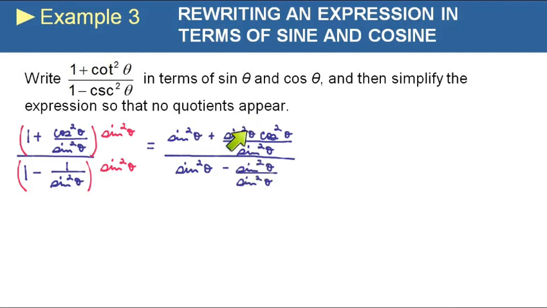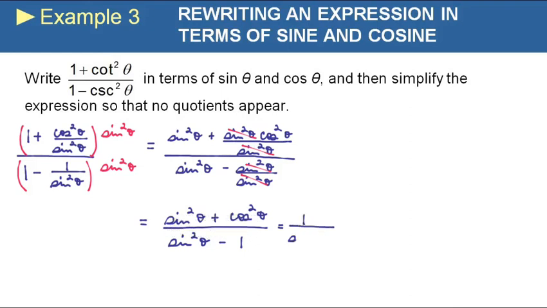Now we can simplify the sine squareds here, and also there in the bottom, and we end up with sine squared theta plus cosine squared theta over sine squared theta minus 1. And notice that sine squared plus cosine squared is one of our Pythagorean identities, so that equals 1 over sine squared theta minus 1.